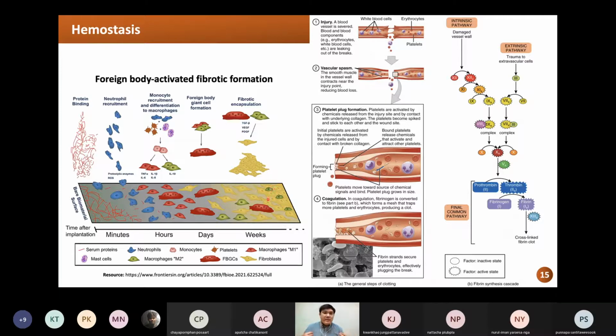Eventually our body will detect this as extracellular matrix, like ruptured tissue, like fibroblasts exposed to the bloodstream, so it will recruit platelets and other compounds or factors related to coagulation, and eventually it will form clotting.